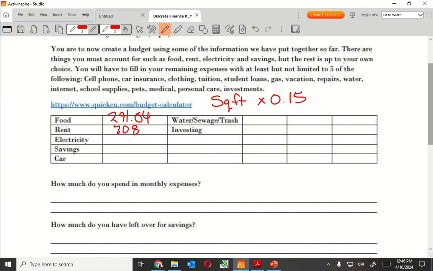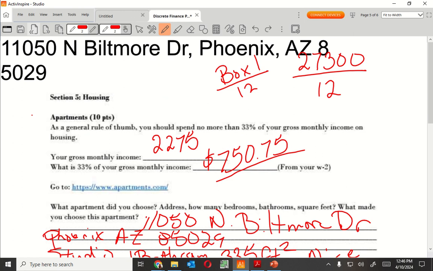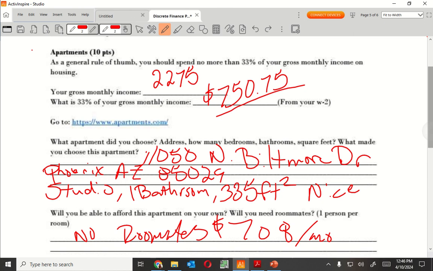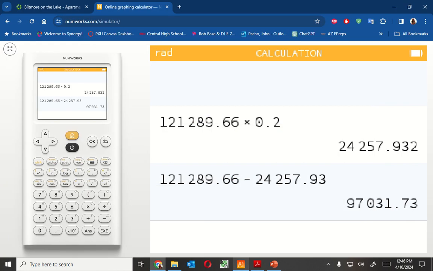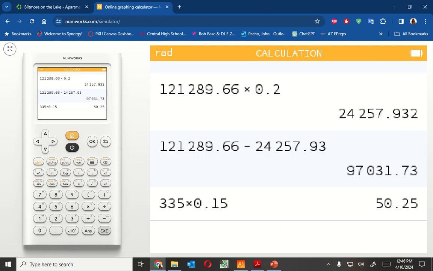What was my square foot? I'll go back. Yeah, 335. Thank you. So it's 335 times 0.15. So I'm going to estimate that my electricity is going to cost me $50.25 every month.